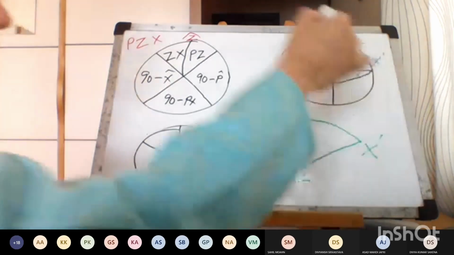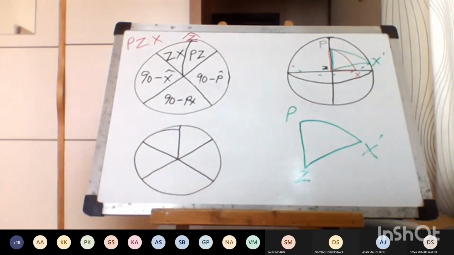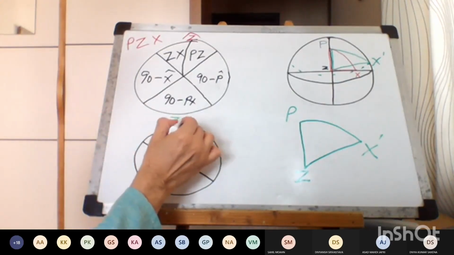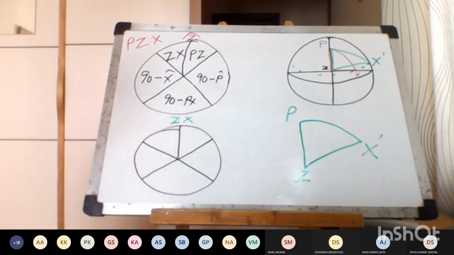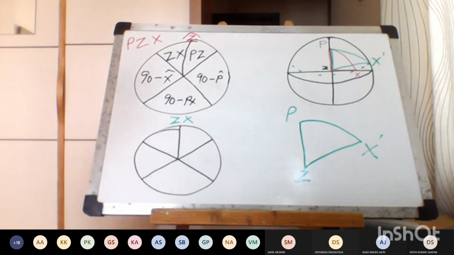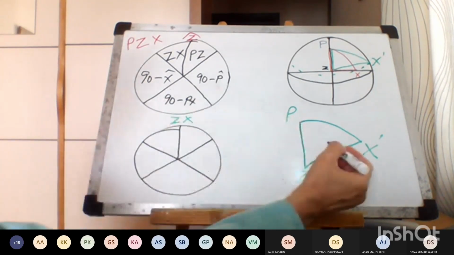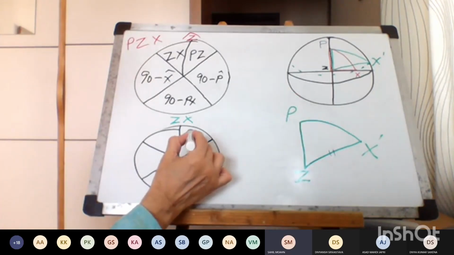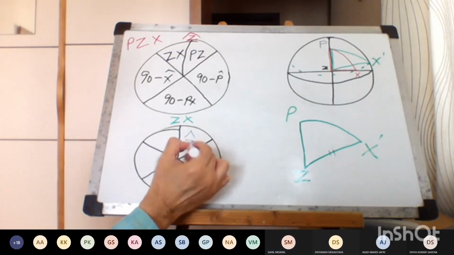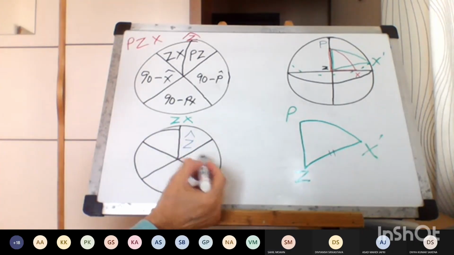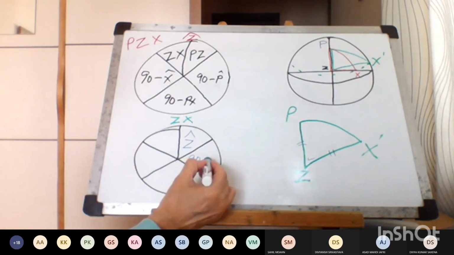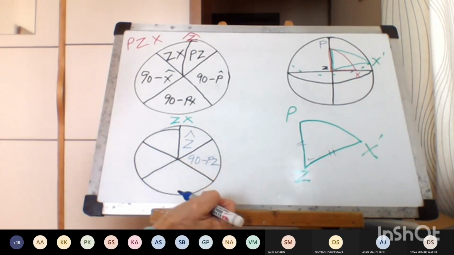PZX dash. Here ZX is 90. So I will write ZX outside. And then how do I go about? ZX is done. Let's go clockwise. Which is the next one? Angle Z. Side ZP, 90 minus PZ.